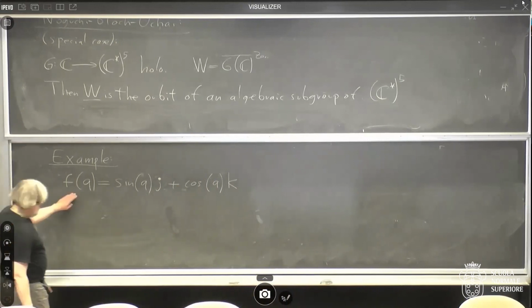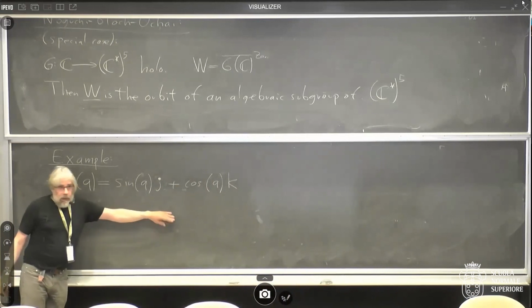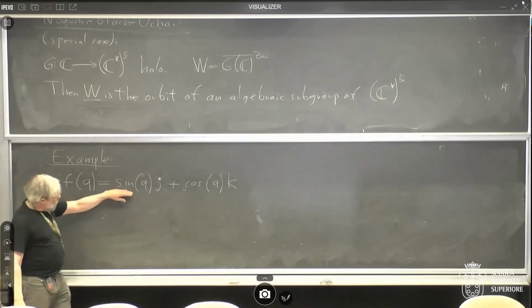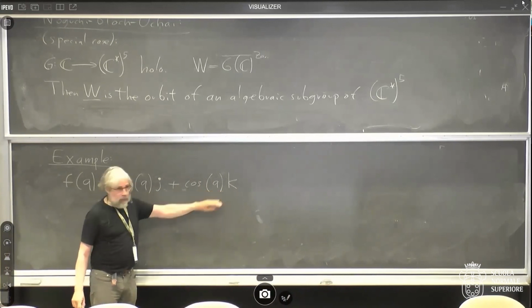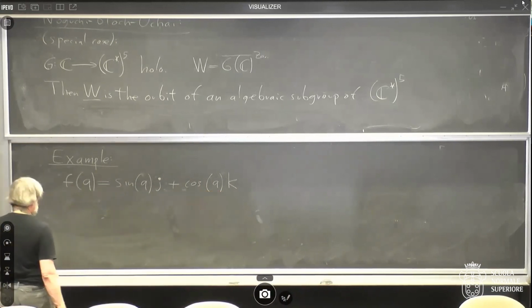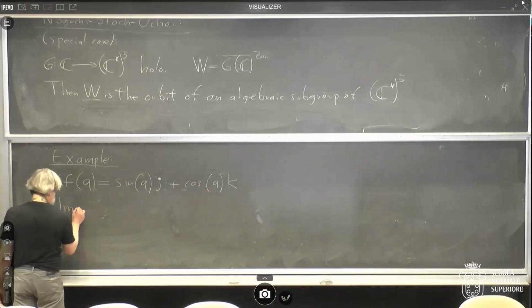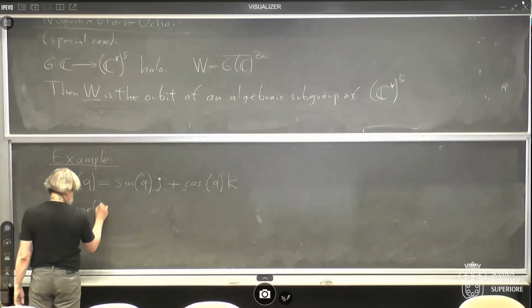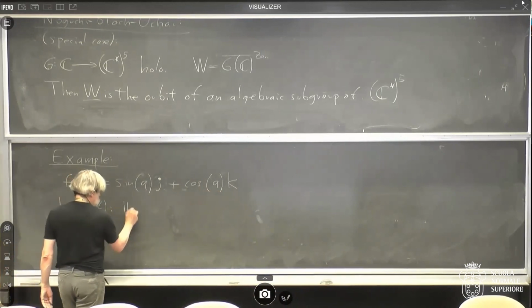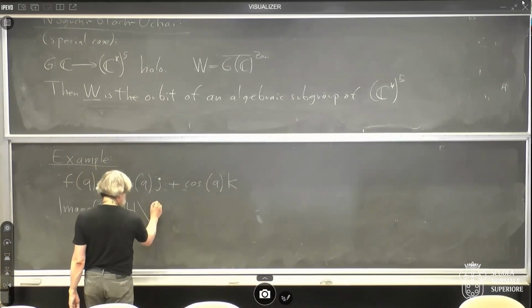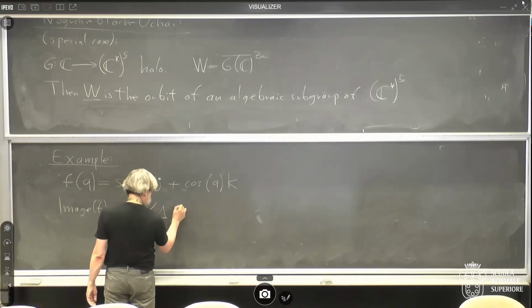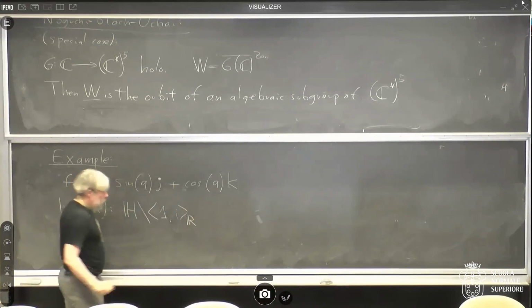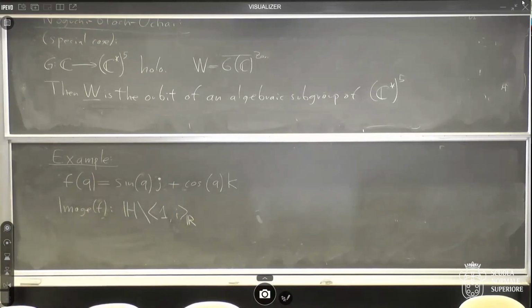If you look at this function, you can really precisely describe its image, and the image turns out to be H, where you have to remove everything inside of the plane generated by 1 and i.